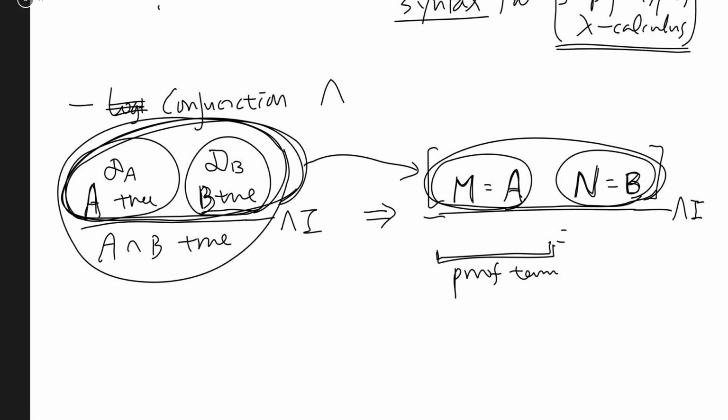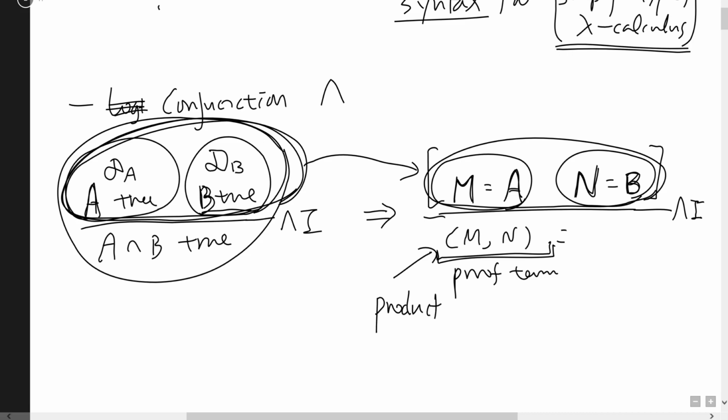So we choose to use this form of syntax, m, n. This is actually called a product term from the lambda calculus, and we assign type A conjunction B. Again, you may choose any syntax for this proof term.